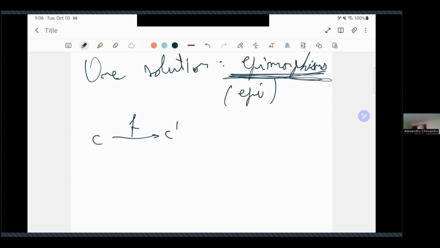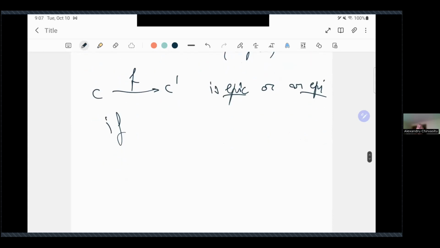F from C to C prime is epic, or an epi, if, now you want to take something that's true of surjective functions, but which is nevertheless phrasable only in terms of arrows, and transport it here.